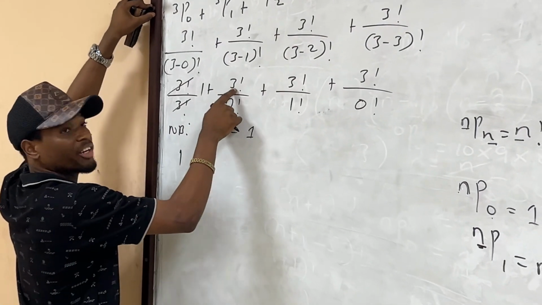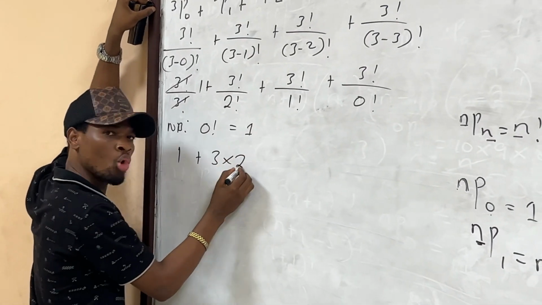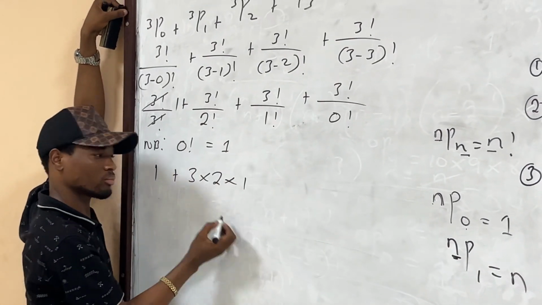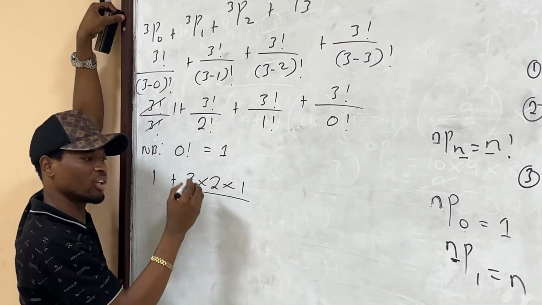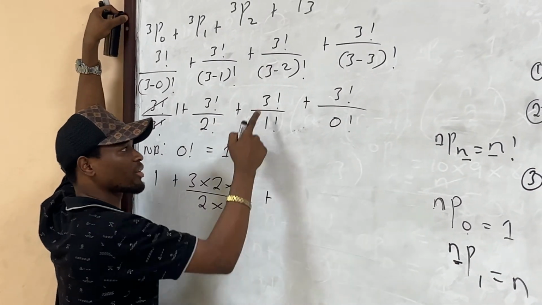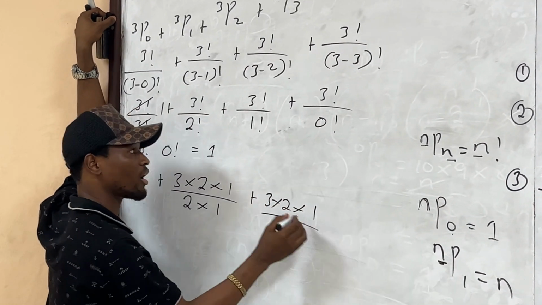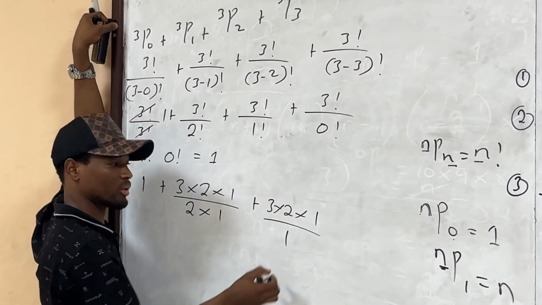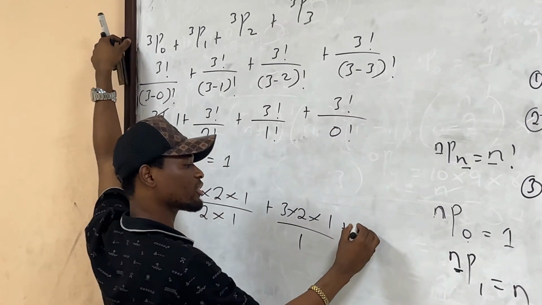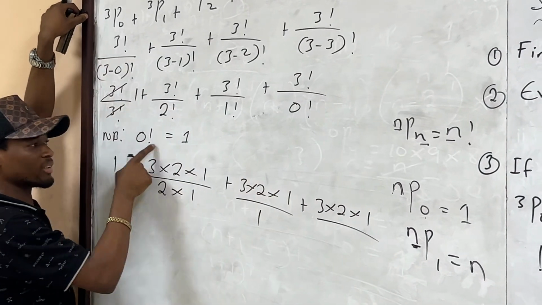We already know that 3 factorial means 3 times 2 times 1, all over 2 factorial, which means 2 times 1. Now I have plus 3 factorial, which means 3 times 2 times 1, all over 1 factorial, which is the same as 1. Then plus 3 factorial, which is 3 times 2 times 1, all over 0 factorial, which is the same as 1.